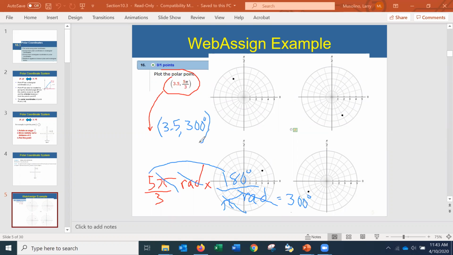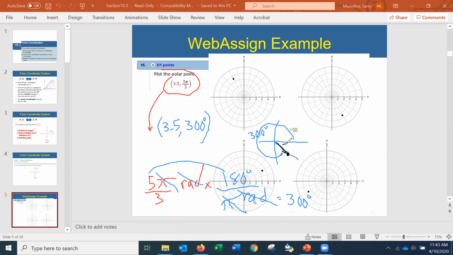All right, so let me see which answer choice here makes sense. Remember, I want to rotate 300 degrees. Let me try to do my own diagram here. I'm going to be rotating 300 degrees. That takes me to somewhere about here. And then I'm going to walk out a distance of 3.5 on that radial line and put a dot there.